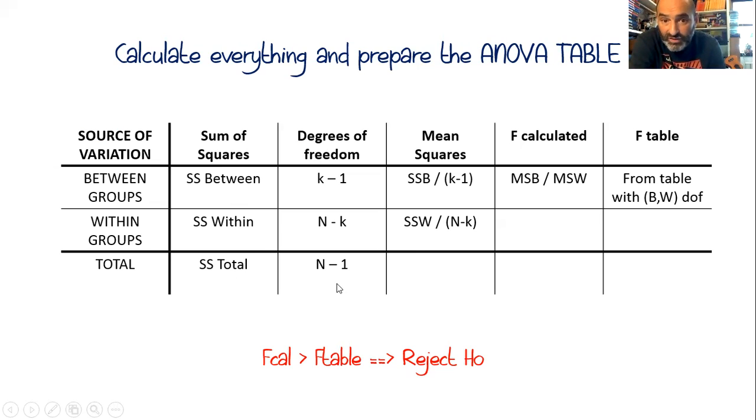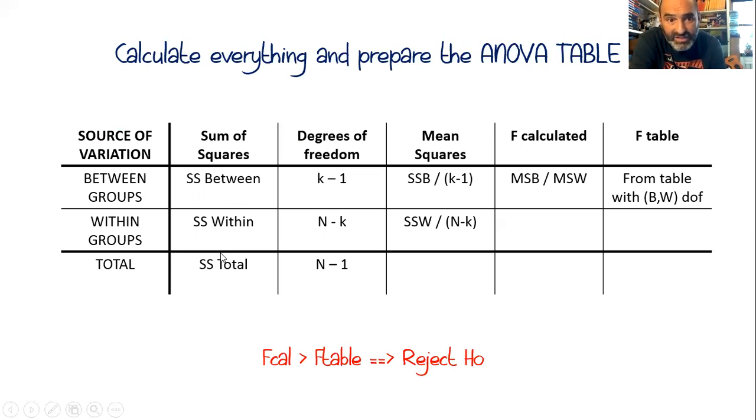Then you have degrees of freedom. Okay, degrees of freedom. You have k groups. Suppose you have three groups, then your group's degree of freedom is 3 minus 1, which is 2. Okay, fine. Simple as that. If you have k groups, degree of freedom is k minus 1. Total degree of freedom, also easy. If you have n points, total degree of freedom is n minus 1.